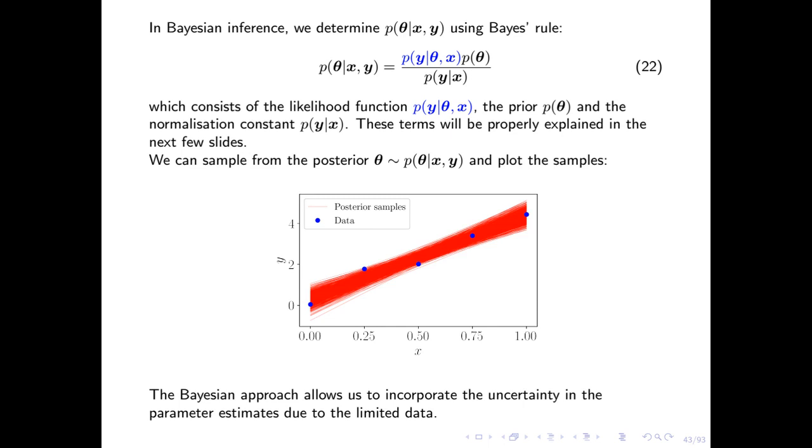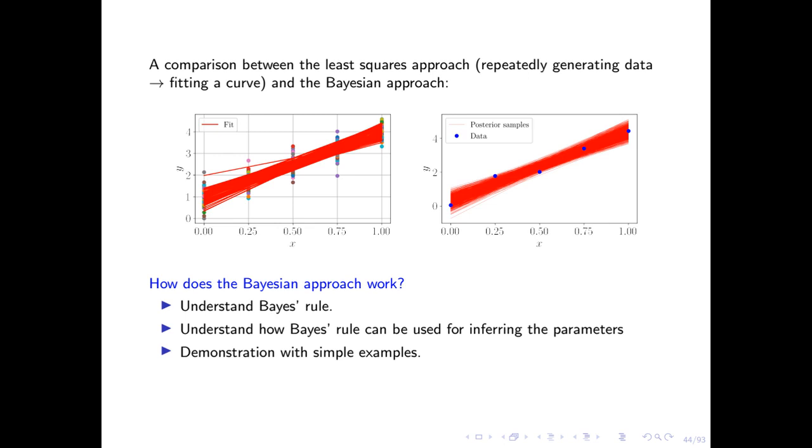So for this exact same data set, if I perform Bayesian inference, I can sample from that distribution and obtain all of these models using a single data set. Okay, so for a single data set, I can obtain as many models as I want to. But all of these models are centered around the best value.